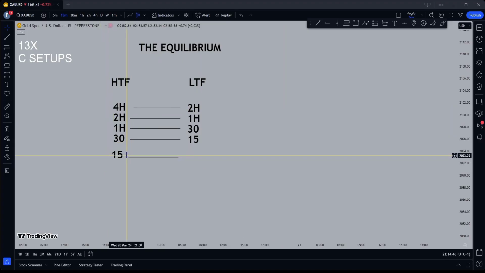Like I said, we do use 15 minutes in some cases, and we can find the equilibrium of 15 minutes time frame at 5 minutes time frame.